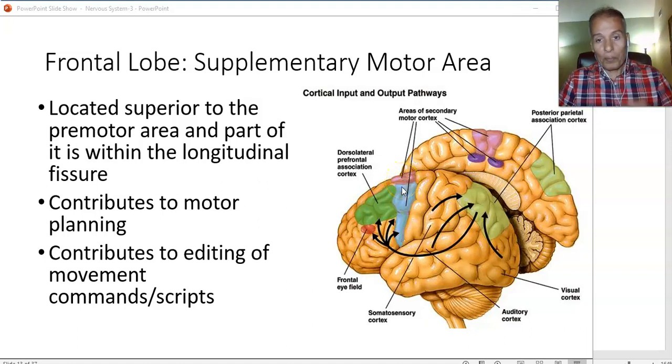So the supplementary motor area works together with Broca's area, with the premotor area, with the frontal cortex, with Wernicke's area here, to generate the motor script for speech.